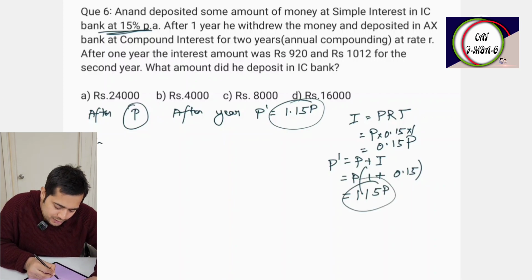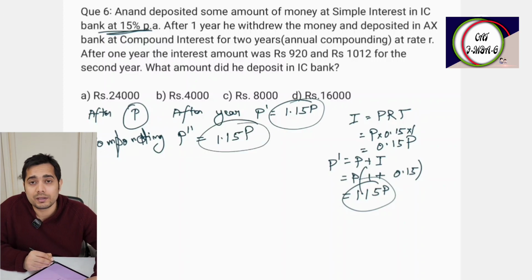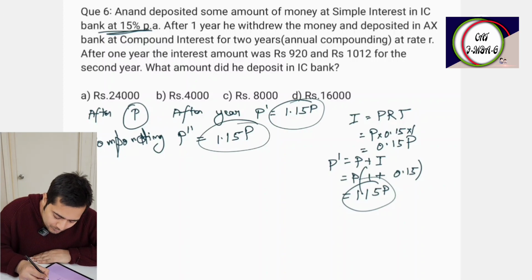Now in the years of compounding, our P is equal to 1.15P. This is our original P in the years of compounding.